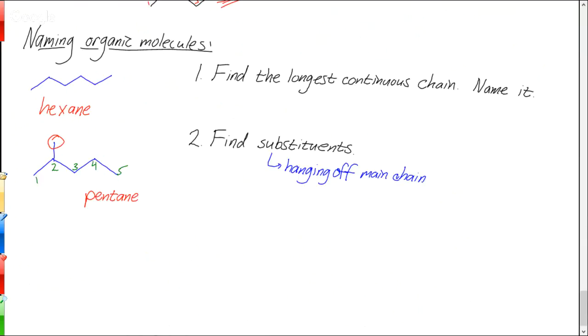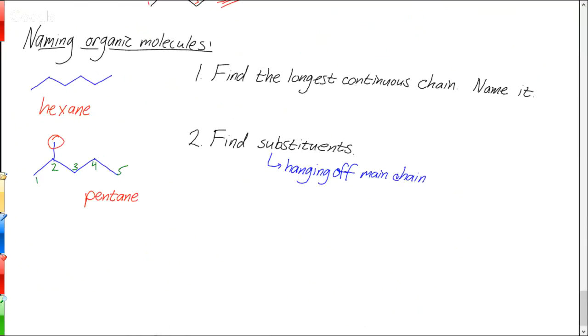So anything hanging off that main chain is called a substituent. And we're going to name those substituents based on how many carbons they're made up of. So how many carbons is that substituent on the pentane that we're looking at made up of? How many carbons are hanging off of the main chain there? Just one, right? Just one.